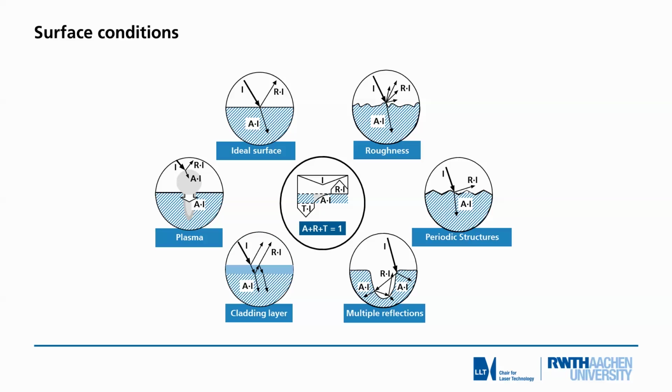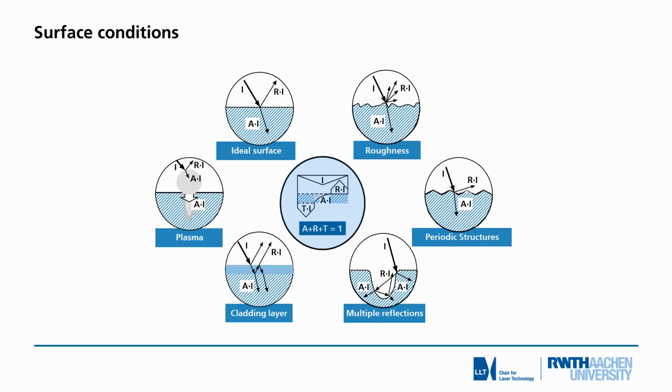And sometimes we have high intensities, so we don't only get what we call cold absorption processes or reflection processes, but we get the formation of a plasma, and in this plasma also we can have reflection, absorption or transmission. All in all, this equation actually represents the energy balance.